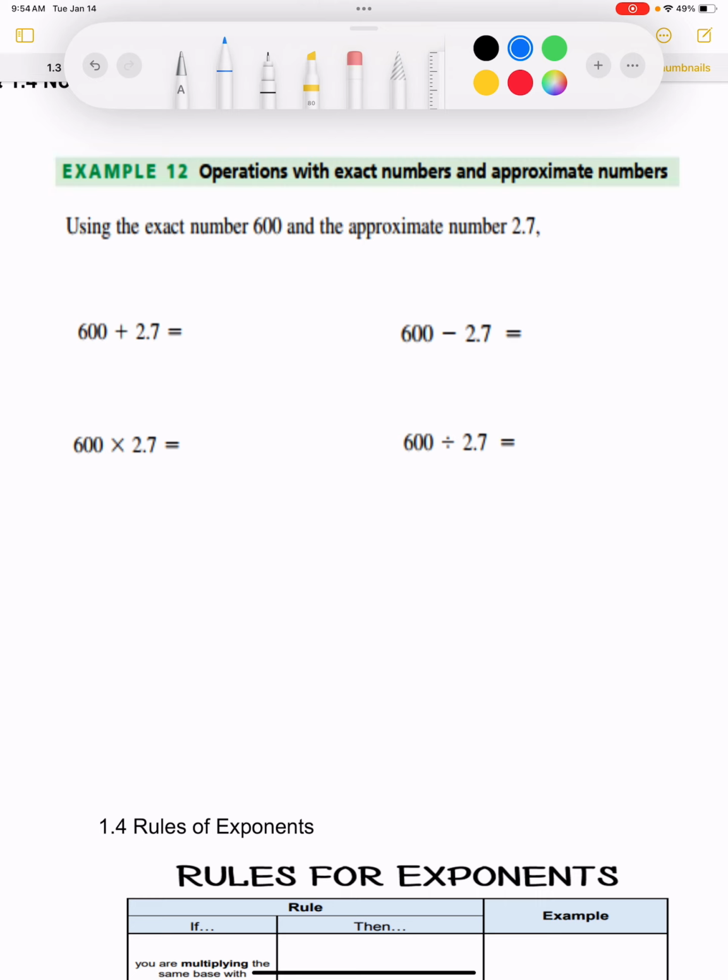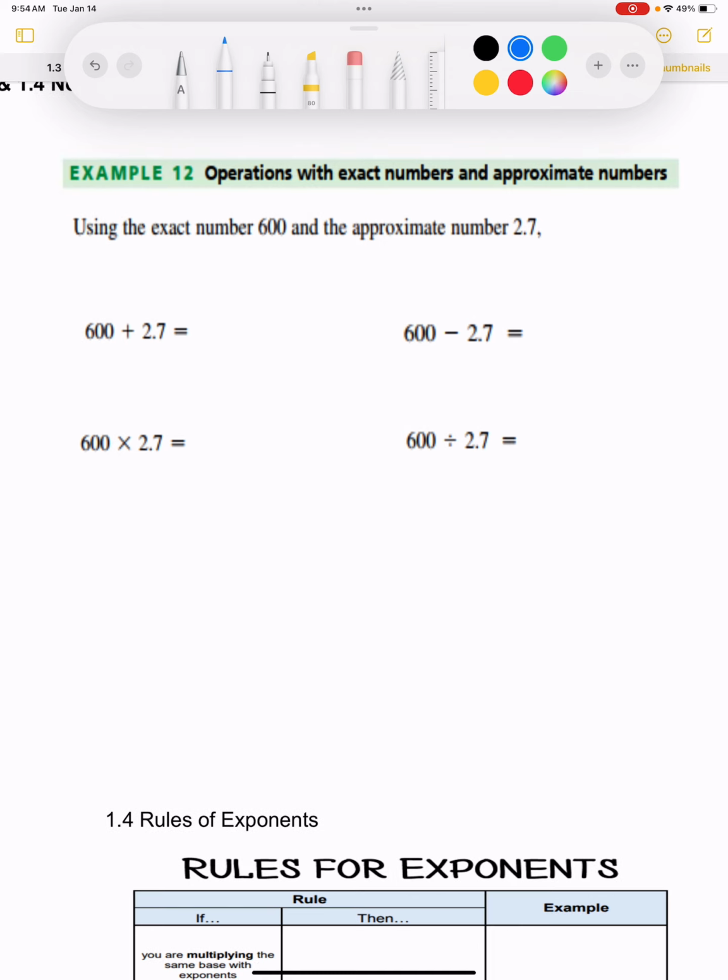If I'm adding these together, the exact number of 600 and the approximate number of 2.7, I can say this is going to be 602.7.